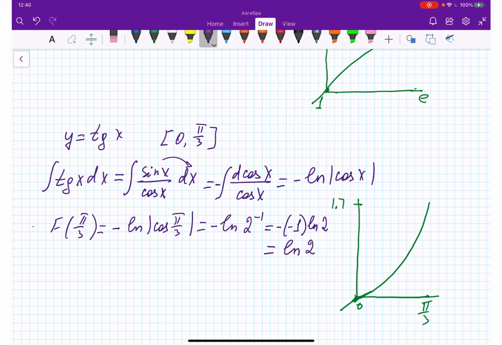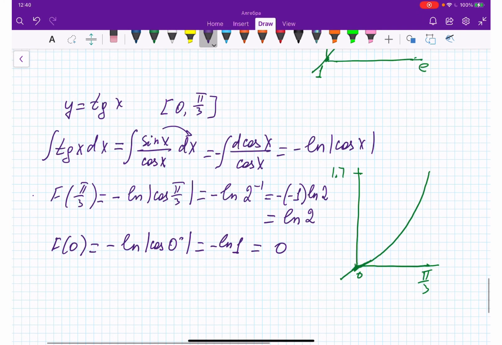This 2 to the negative 1 is not a big deal, since 1/2 is 2 to the power negative 1. And then the antiderivative at 0 is equal to negative natural logarithm of cosine of 0, which is negative log 1, which is going to be 0, because any logarithm of 1 is 0.